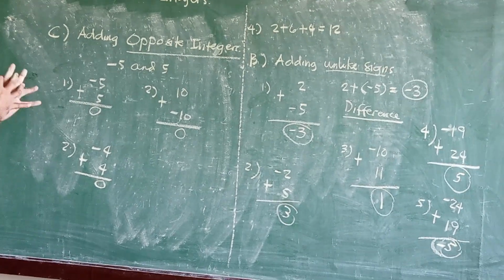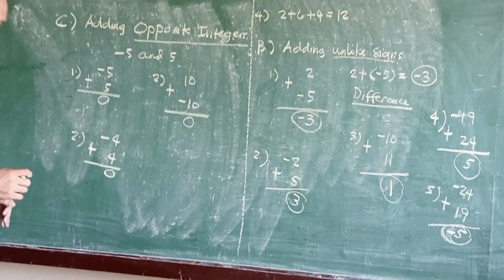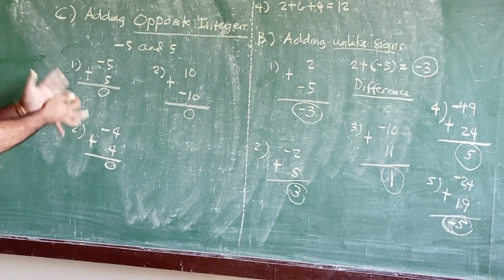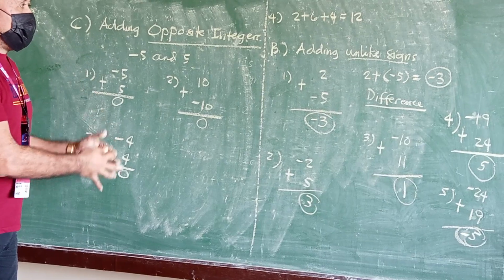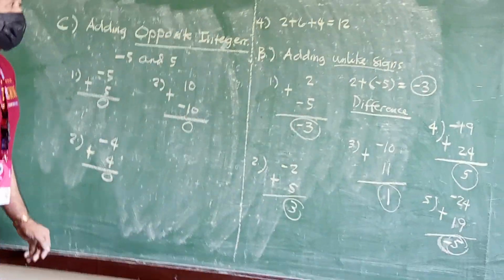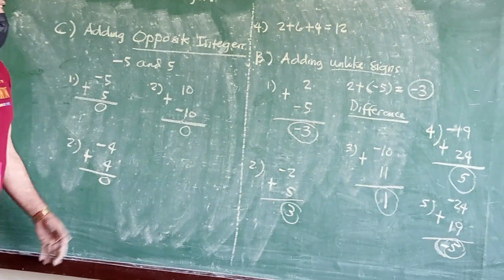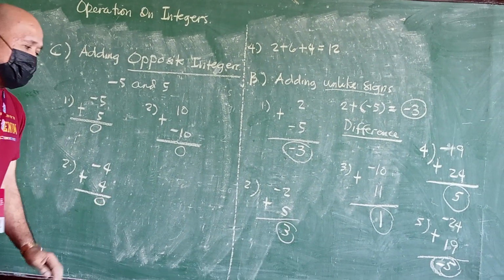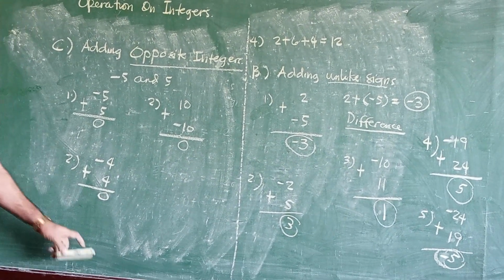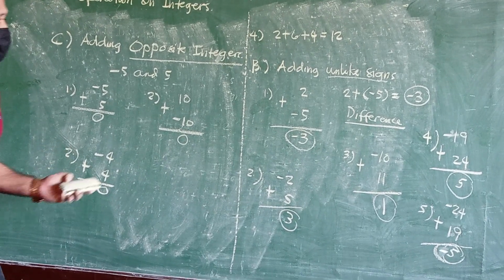That is why I am trying to categorize the addition of integers according to their classification, whether these integers have like signs, opposite integers, or the same signs, so that you can redirect it easily.